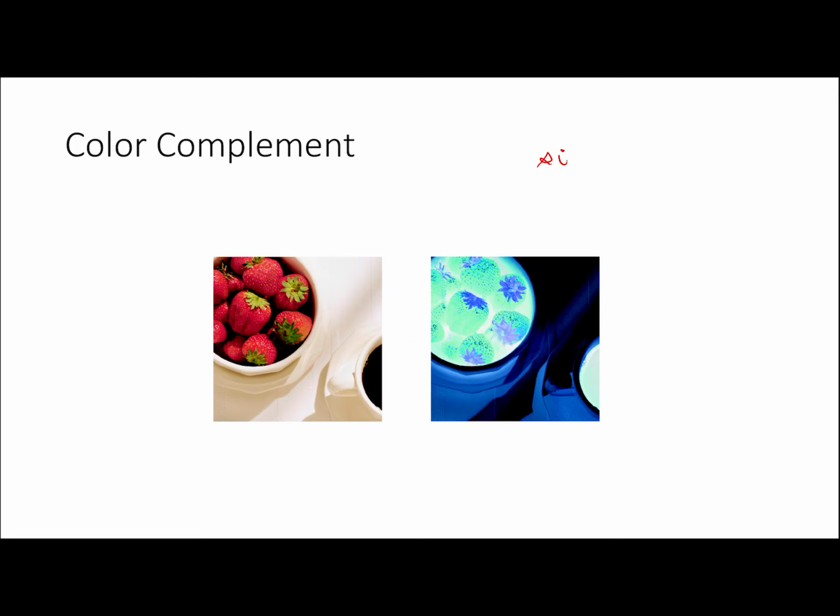That is, si equals T of ri, which equals L minus 1 minus ri, for all values of i, that is 1, 2 and 3. By applying this transformation function on this colored image, I get an image like this.